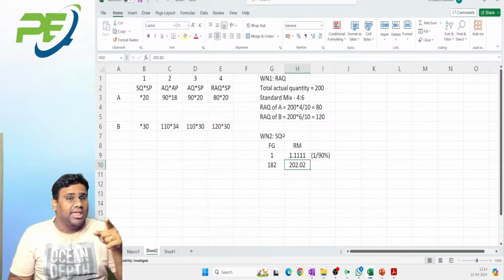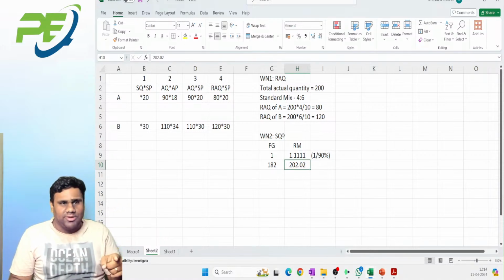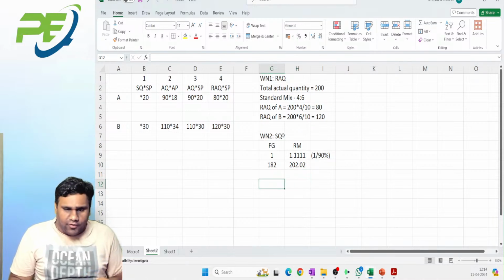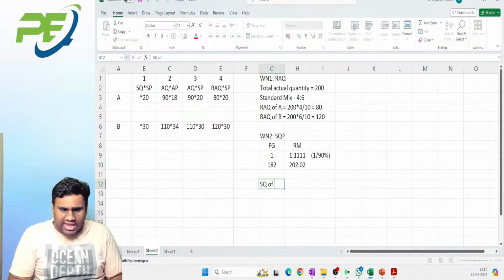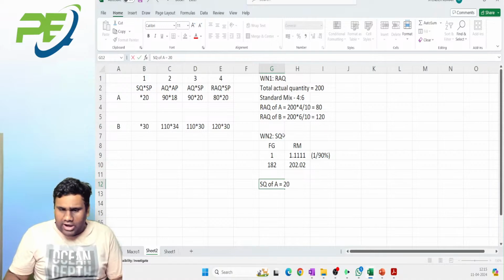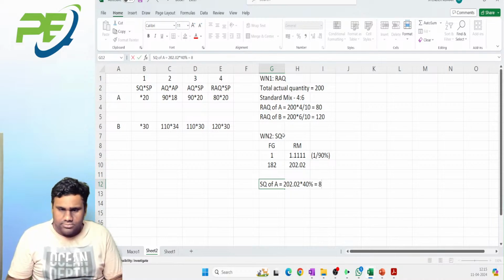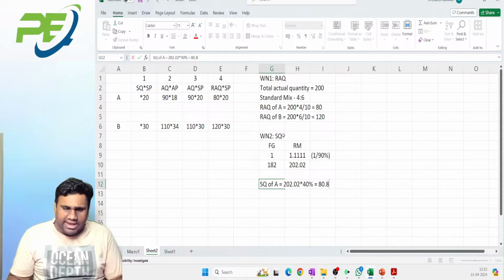It's for both. So 202, someone said 202, but this is for both. So SQ of A is 202.02 into 40%, that is 80.8.